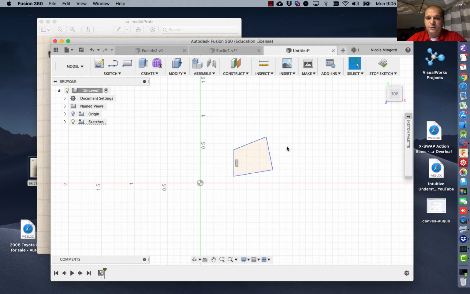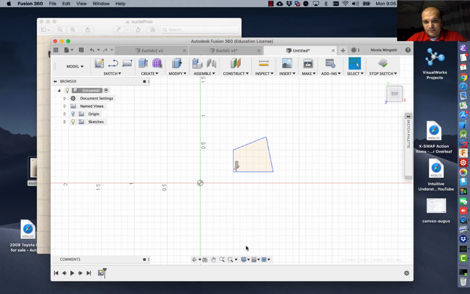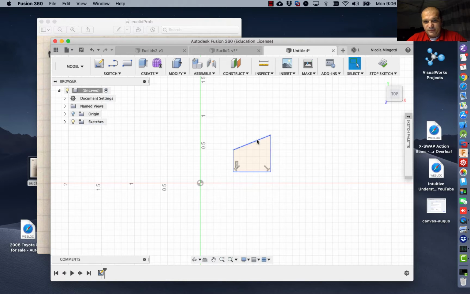And now apply some constraints to make it a square. So between this and this, the constraint is perpendicular. This and this, perpendicular.